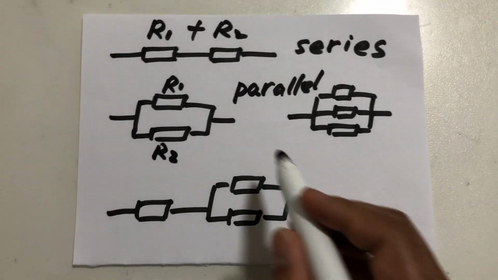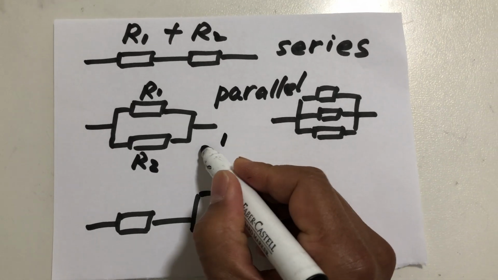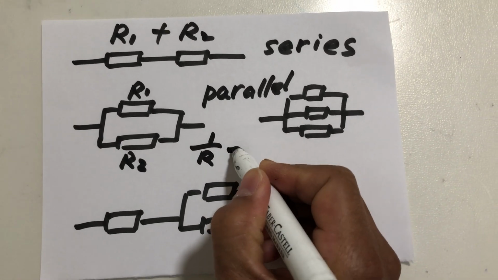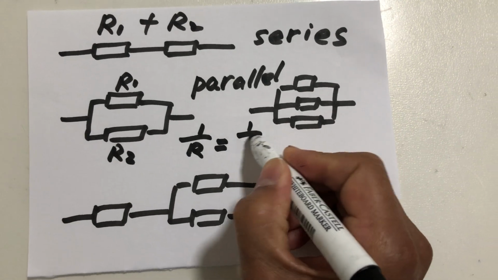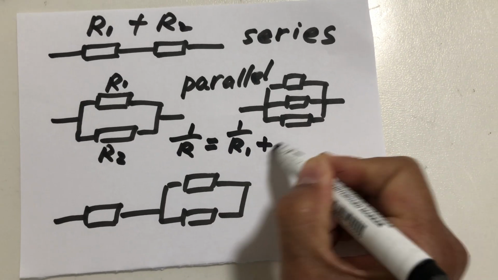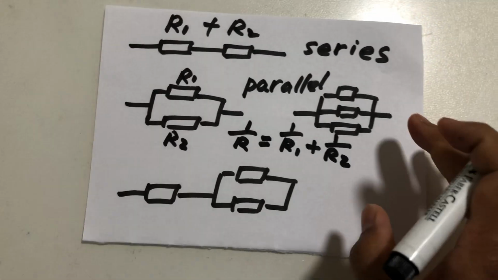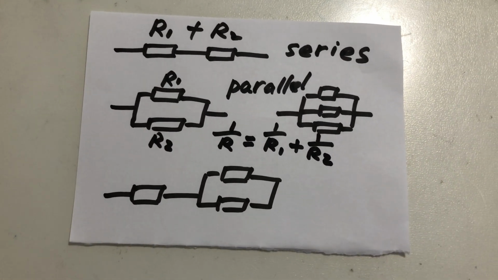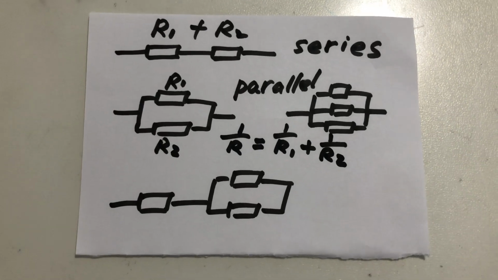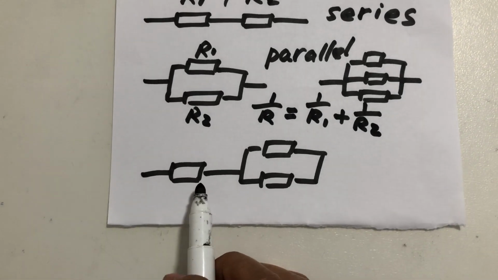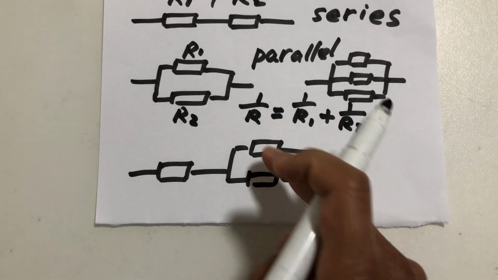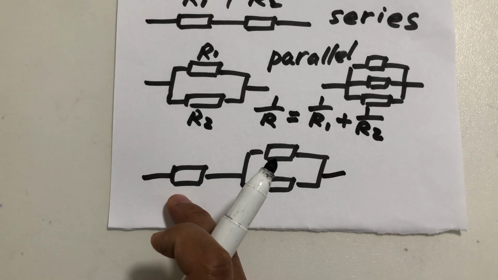Parallel. How do we calculate? I told you before, 1 over R equals 1 over R1 plus 1 over R2. Okay, you have to do that, but I will later tell you the shortcut. Actually, I told the shortcut before, but I will tell you again. But then, what is this one? This is a parallel, and this is series. It is correct.